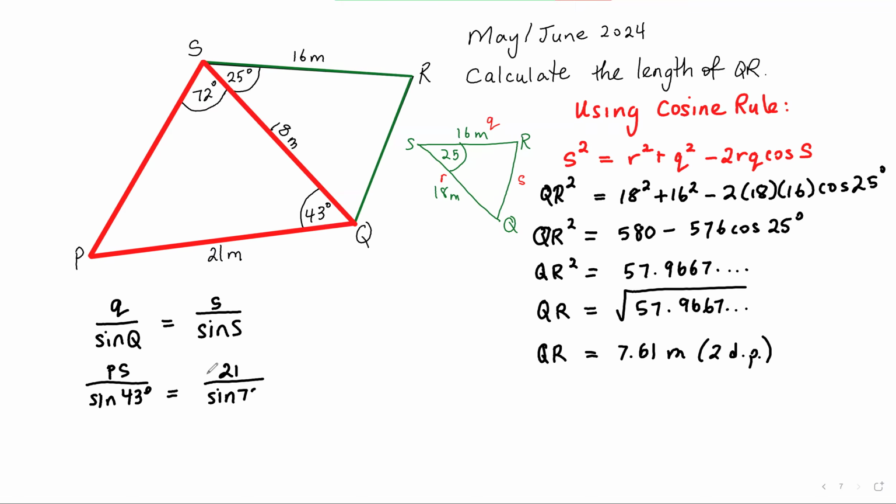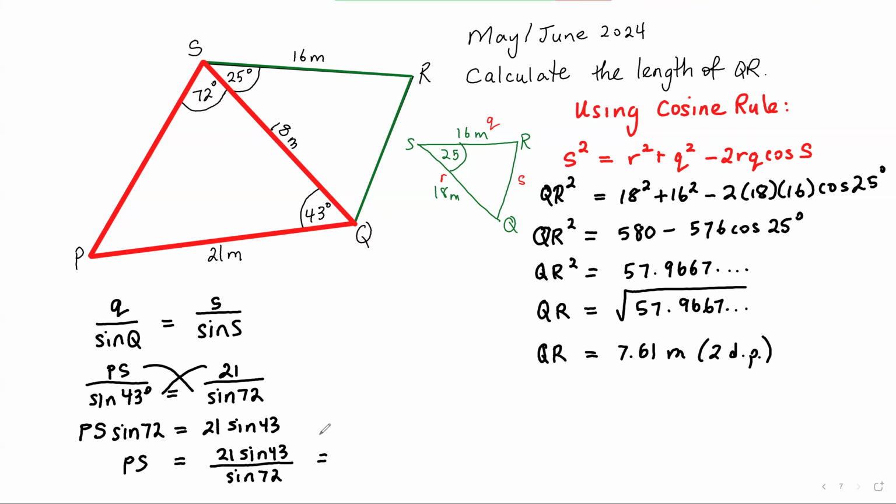And now you cross multiply. So PS times sine of 72 is equal to 21 times sine of 43. Therefore, the side PS, which I'm trying to find, will be 21 sine of 43 divided by sine of 72.